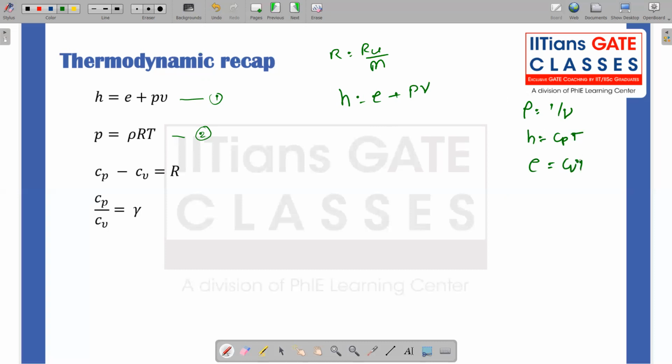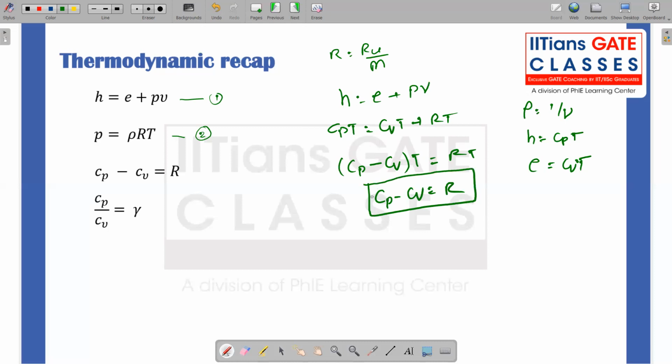So I can write CpT is equal to CvT plus PV, which is RT. If I take T common, that becomes Cp minus Cv times T is equal to R times T, right? Cancelling T on both sides leaves me Cp minus Cv is equal to R. This equation is perfectly valid even for a calorically perfect gas, where Cp and Cv are functions of temperature, right?